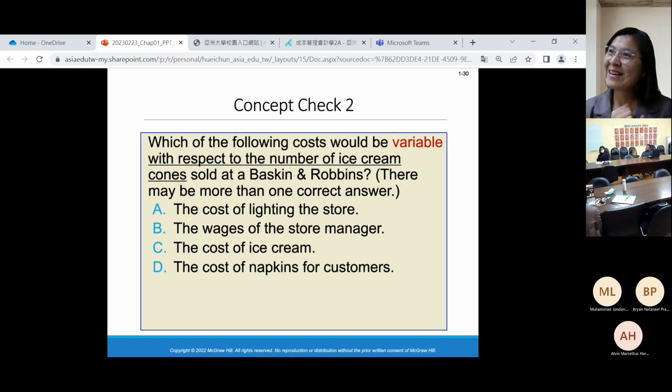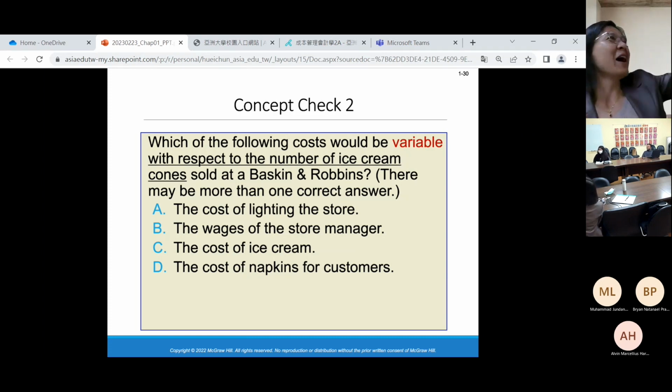Think about the ice cream. I am the customer, I go to your store to buy a scoop of ice cream. What is your cost for selling me the scoop? Only one scoop, right? So that's variable. If I buy two scoops, you incur two scoops of cost, right? Yes, so that is variable.